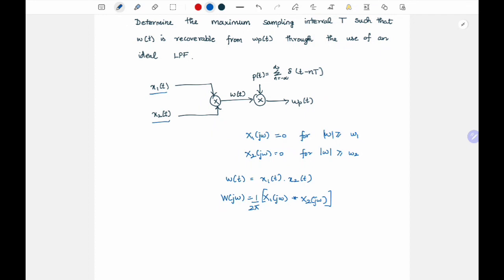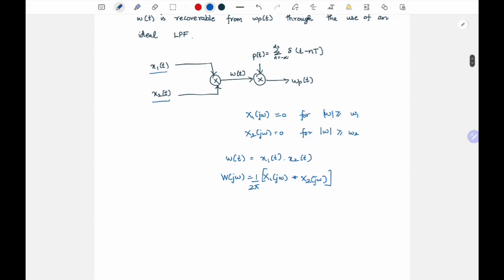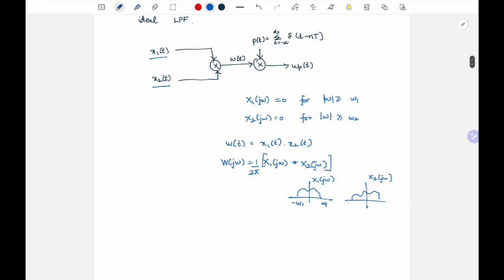But we are interested in the frequency range of this, where this signal is non-zero, right? So when we convolve two signals, what will it be then? So your x1 of j omega is something like this, minus omega 1 to omega 1, and your x2 of j omega is something like this, minus omega 2 to omega 2.